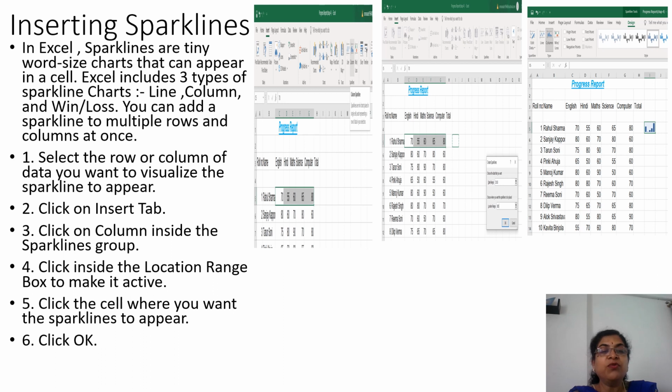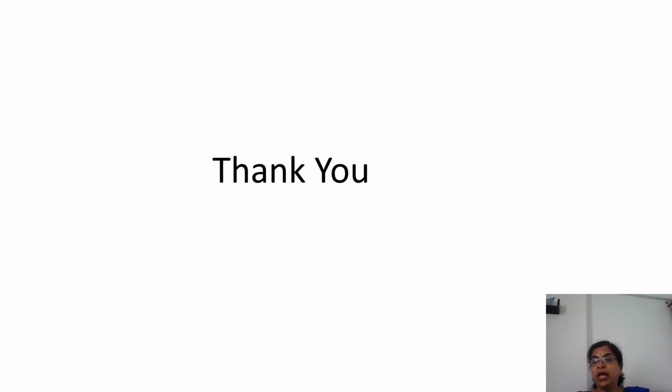Click the cell where you want the sparkline to appear and click OK. So you see here, can you see the small graph which is inserted for this particular student's data? This way you can copy the sparkline for all other remaining students also. Since it's a small graph, you will get a small idea about that student's performance.